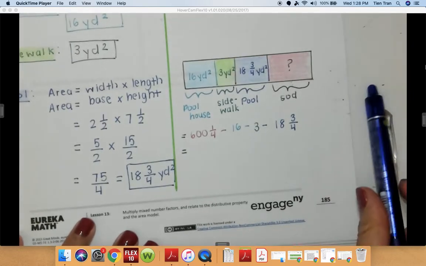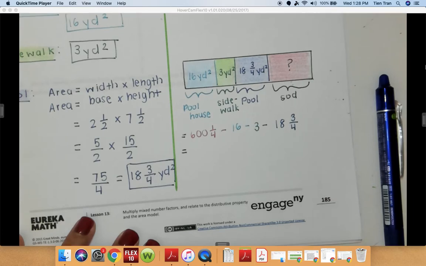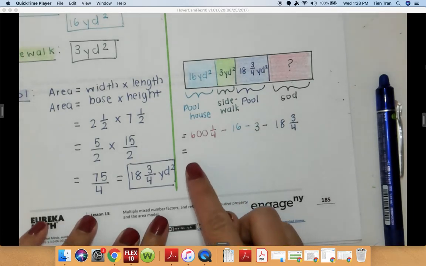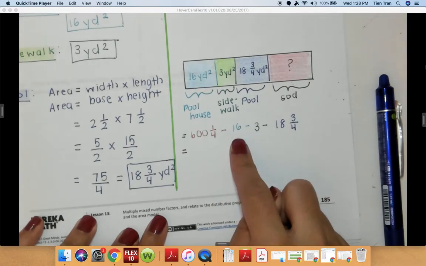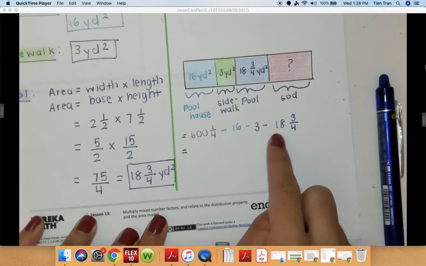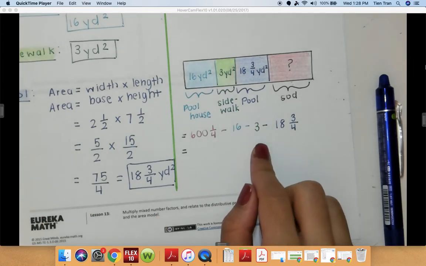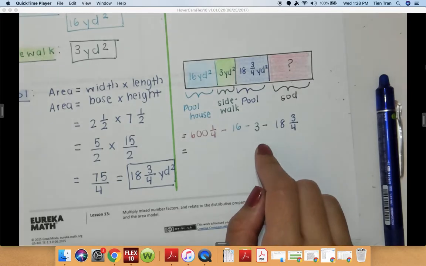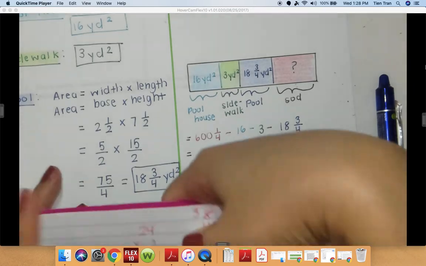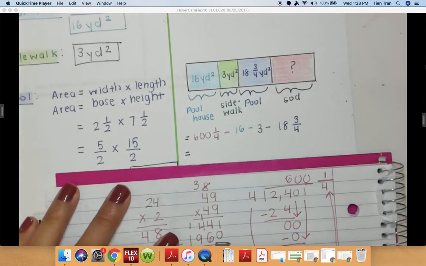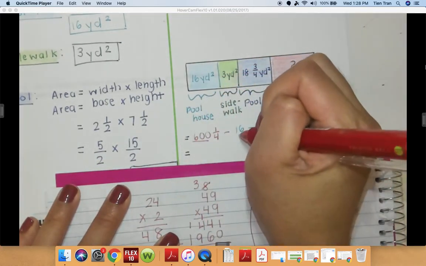So now that I have that measurement, I am going to start subtracting. I'm going to first subtract the larger numbers, which is the 600 minus 16 minus 3 minus 18, and then I'm going to subtract using my numbers for the others, okay? So first I'm going to subtract the whole number. So I have 600 minus 16 minus 3.